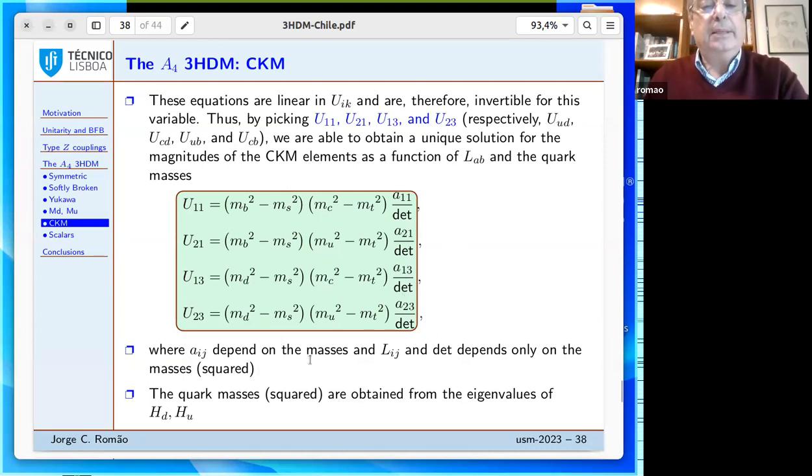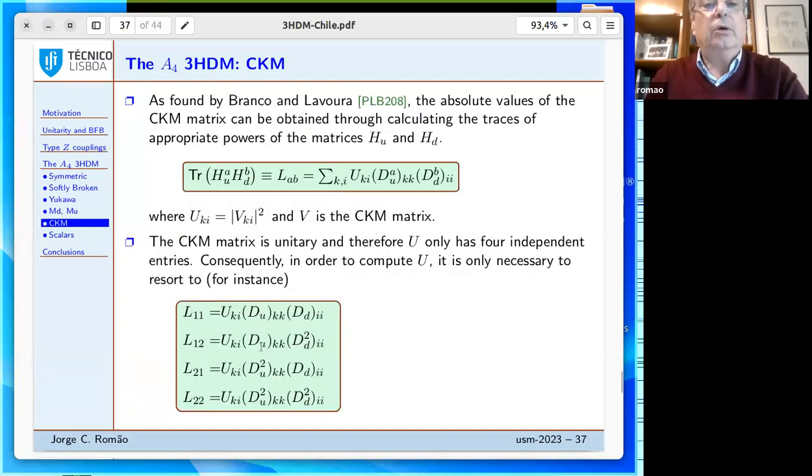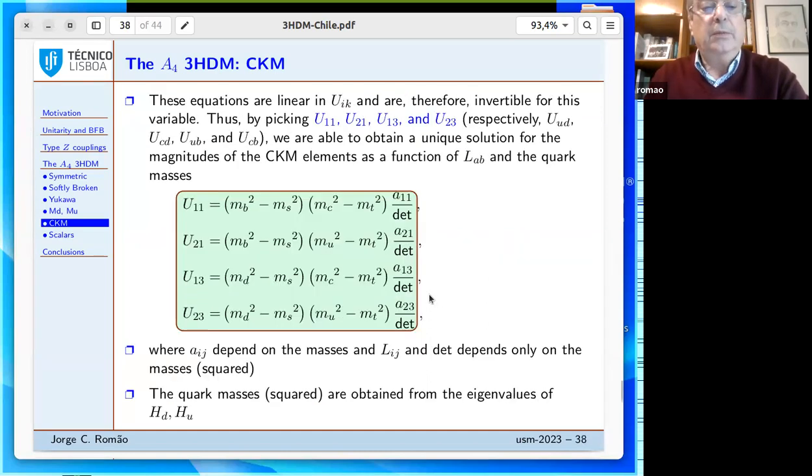They depend on the masses, but also on these Lij, which are obtained by just taking the traces of these matrices, which depend on our parameters. Then with this, we have a setup where you have the 10 quantities that you want: the quark masses, which are obtained by getting the eigenvalues of these HD and H up, and the CKM, which are obtained by solving these equations.